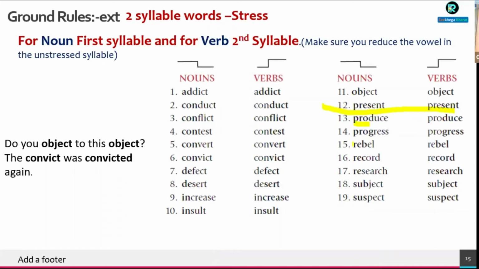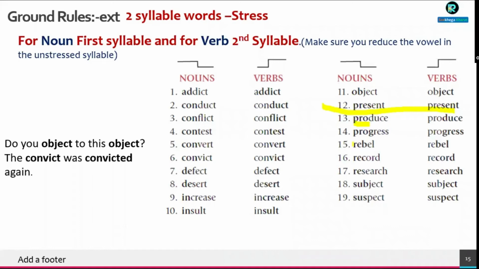So there you have to rise, go up, and in the noun you have to go down, right? So rebel, rebel, rebel.